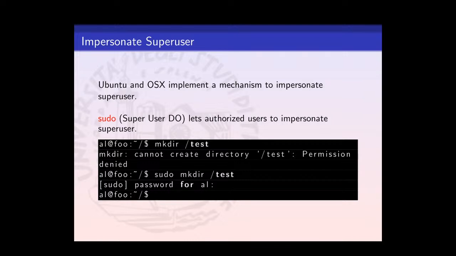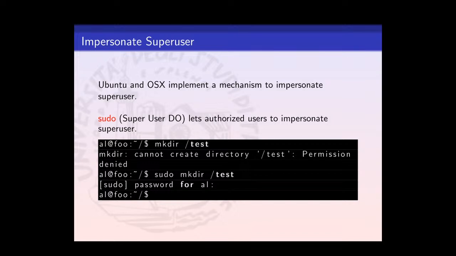If you are Alberto, the standard user, you cannot create the directory test inside the root directory of your system, but you can do it as super user. And to do it as super user, you have to use the command sudo. So by writing sudo mkdir /test, you are now trying to create the test directory into the root directory of your system as a super user.